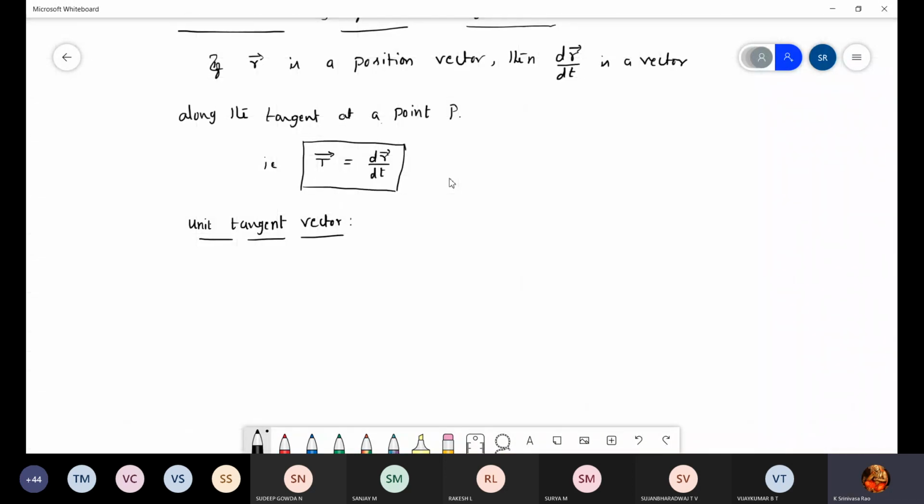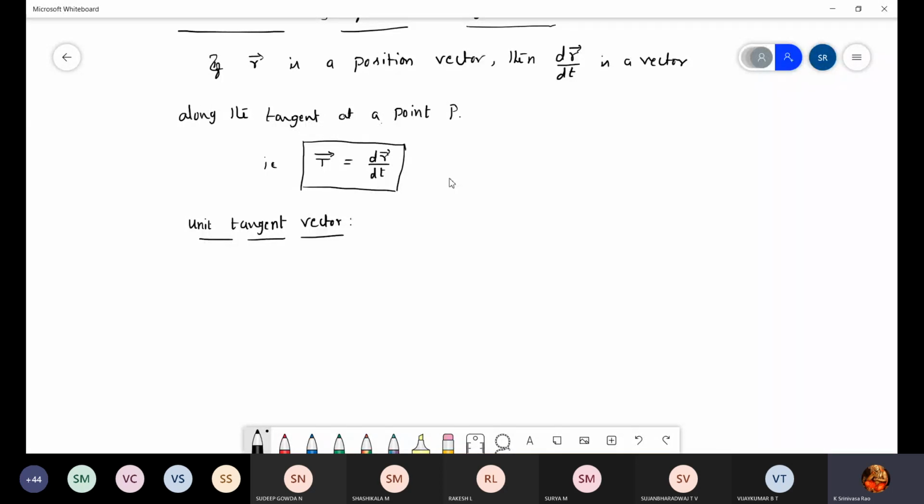Yesterday I told you, when the word unit vector comes, what is the formula? For a general vector A, the unit vector is A divided by modulus of A. Very good. The same way, any vector divided by its magnitude.